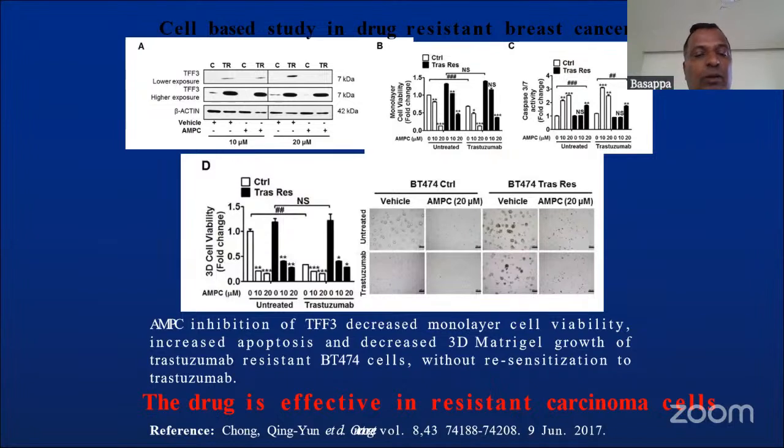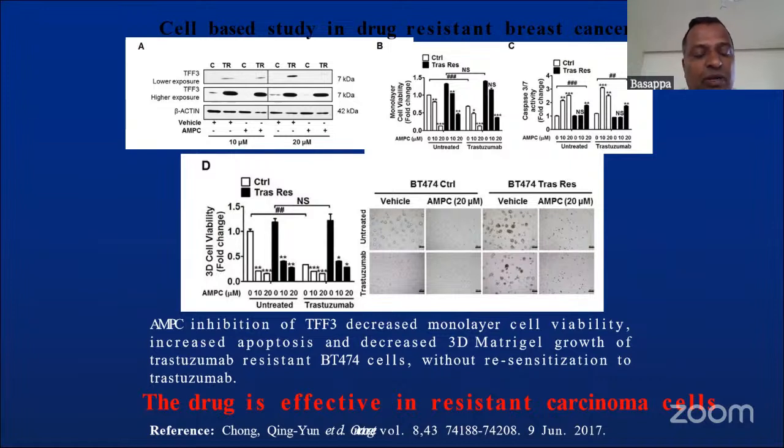Subsequently, we also reported some biological studies where AMPC inhibition of trefoil factor 3 decreased monolayer cell viability, increased apoptosis, and decreased 3D matrigel growth of drug-resistant, trastuzumab-resistant BT474 cells, with resensitization to the drug.